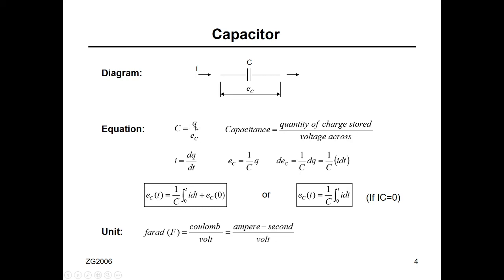There is a relationship between the charge and the voltage. And I'm sorry, the charge also depends on the current. In fact, the charge is equal to the integral of I dt. So if you want to find the charge, you have to integrate I dt.